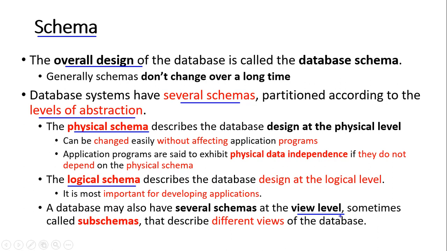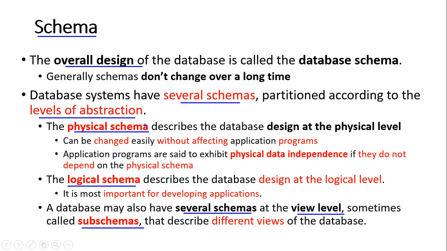Naturally there will be several views or several designs at the view level, and these sub designs are called sub schemas. So sub schema is nothing but the sub designs that we have.